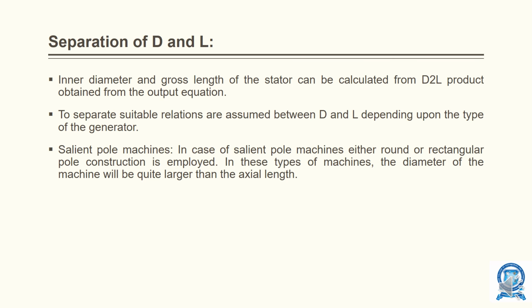So for any DC machine, the B average value lies between 0.4 and 0.8 Weber per meter square.